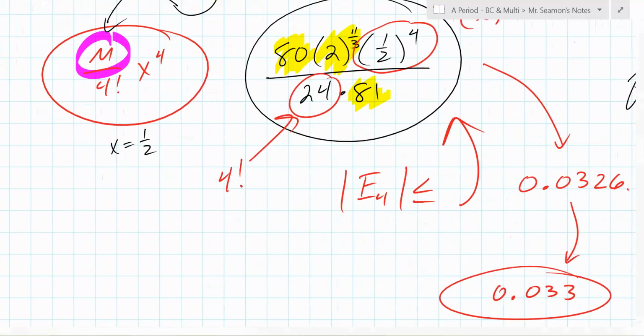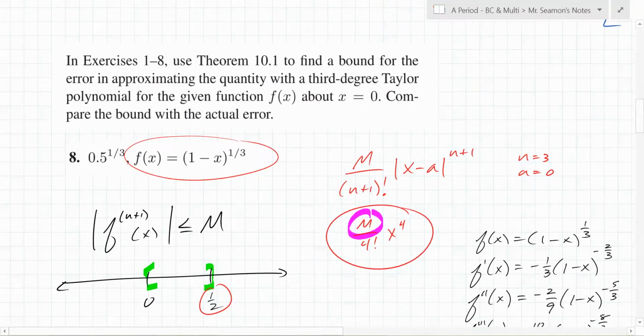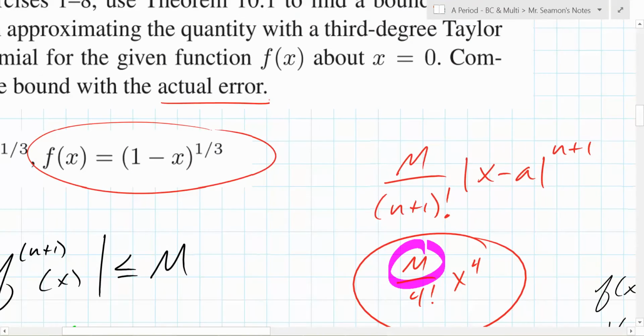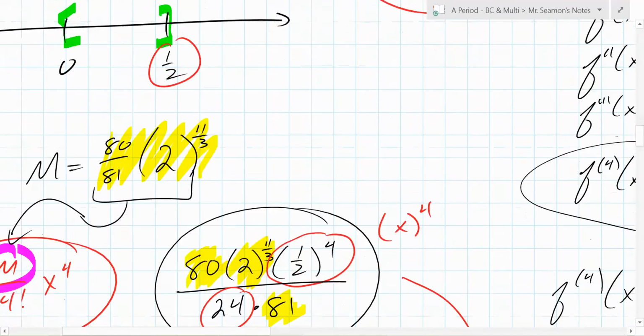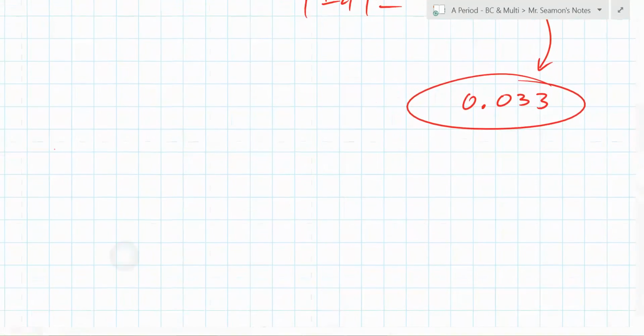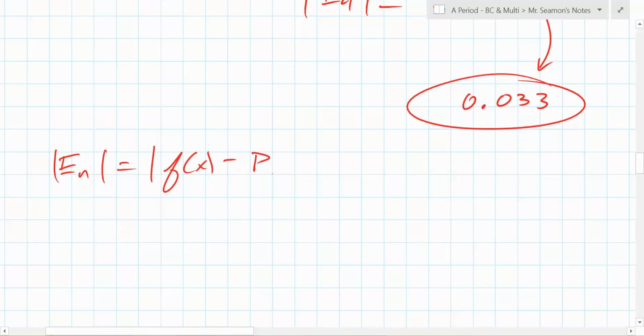But what does the question ask us to actually do at the end here? It asks us to do what, with the actual error. How do you calculate the actual error? The actual error is the absolute value of f of x minus the Taylor polynomial approximation, right? What was the function we're dealing with?